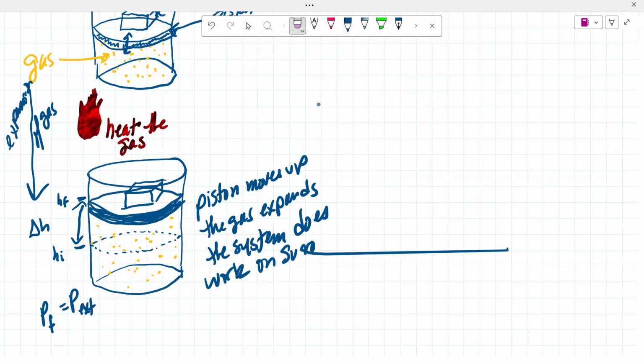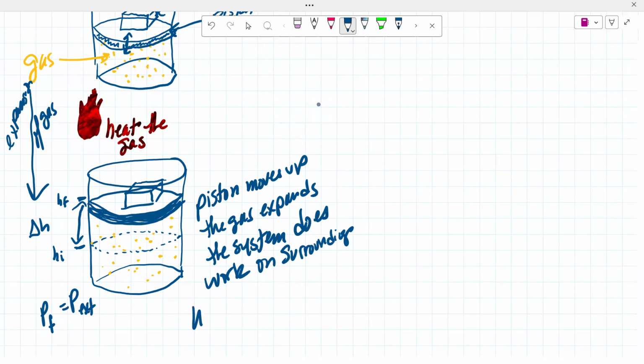That was not an intended thing. Piston moves up. The system does work on surroundings.